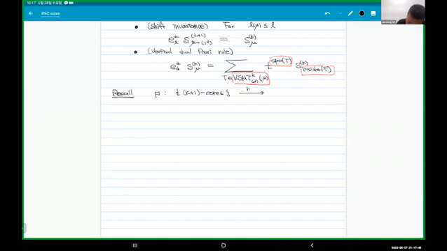For example, consider this partition, and the hook lengths are like this.